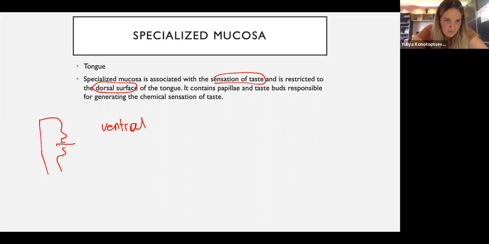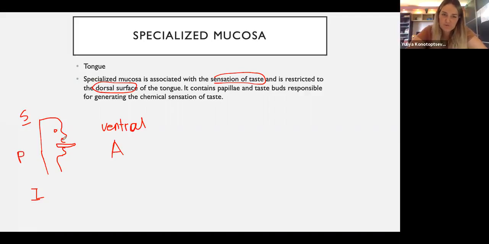Let's stick it out to make sure that you understand. This is the tongue. This is the eye, right? So this is the superior part. This is the inferior part. This is the anterior part, because it's the head, and this is the posterior.